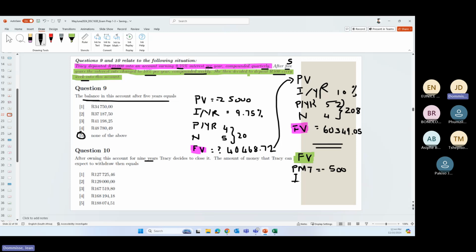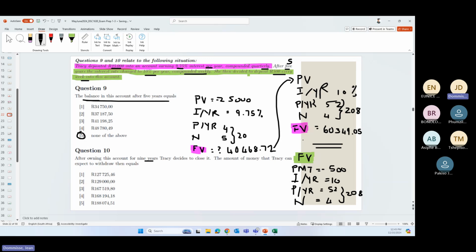The rest is the same: the interest rate is 10, and the periods per year are still 52, because she deposited every week for 4 years. So all of that stays the same. We could have combined it, but I wanted to keep it separate.